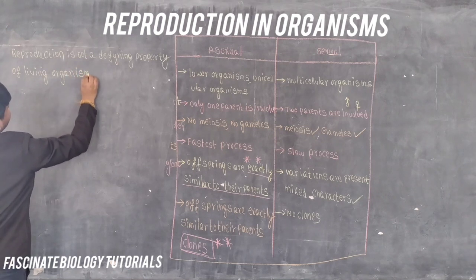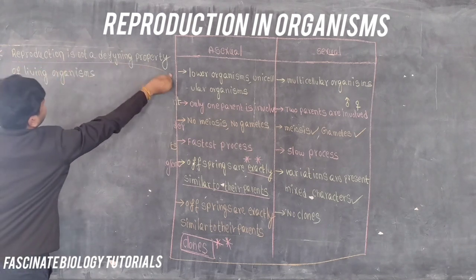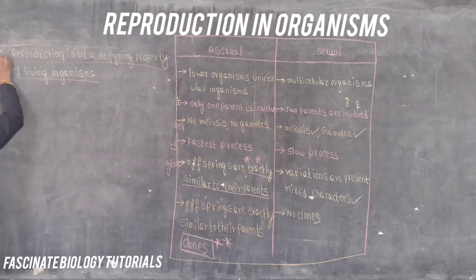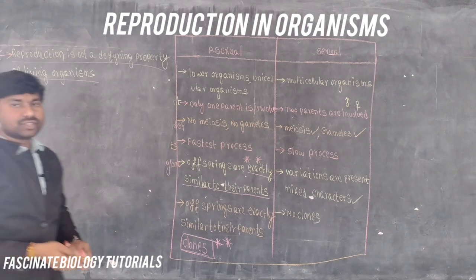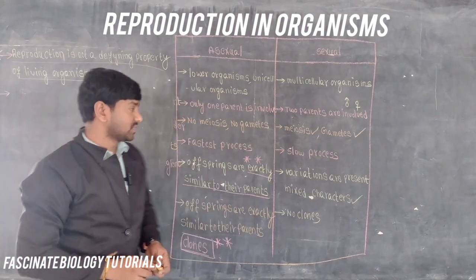Why? Because some living organisms are not able to reproduce. Hence, reproduction is not a defining property of living organisms.